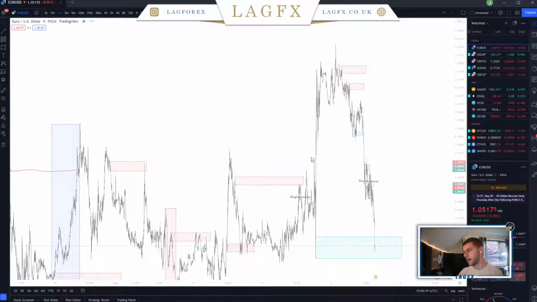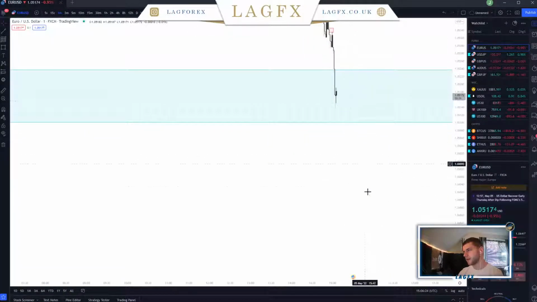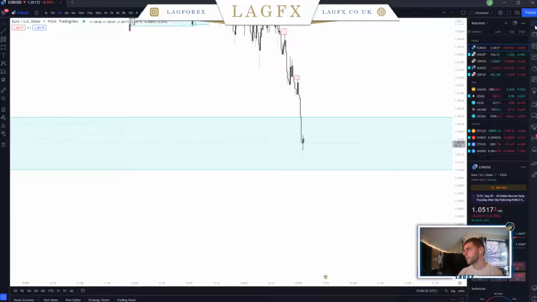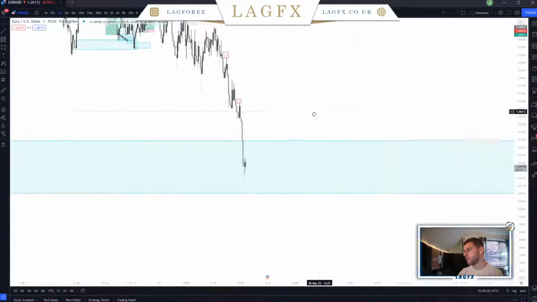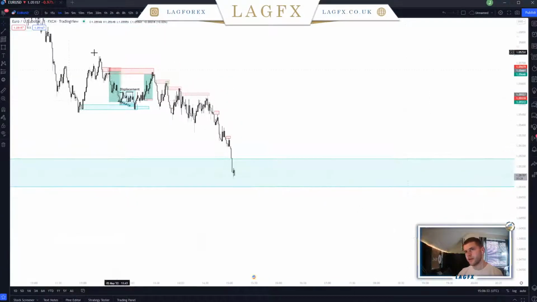So just take a look back over at this. We're not seeing much rejection from the zone. We have wicked, but as I say, if I was wanting to go long from here, I'd probably want to see a lot of structure play out first.